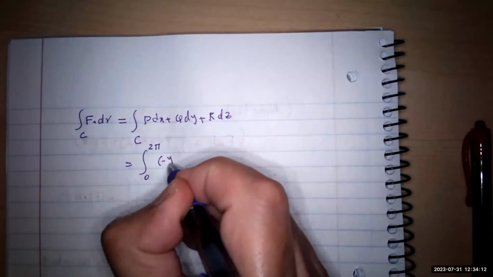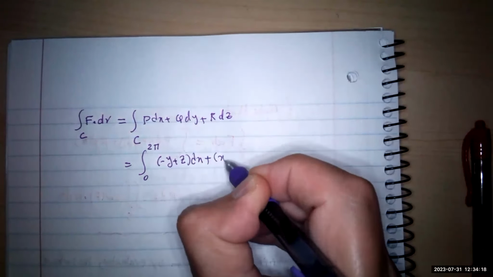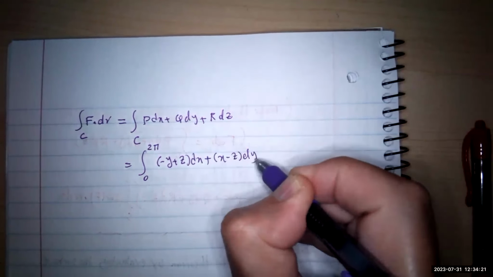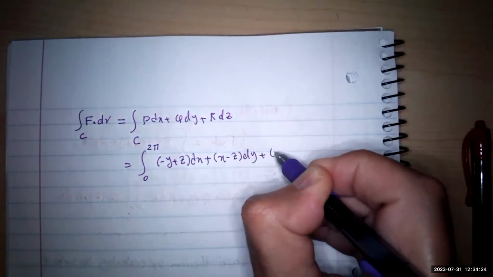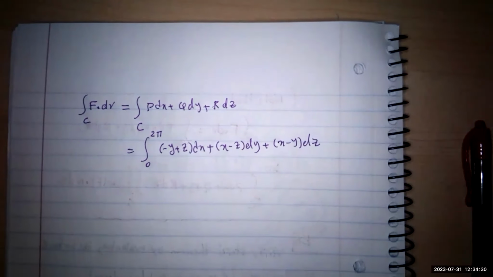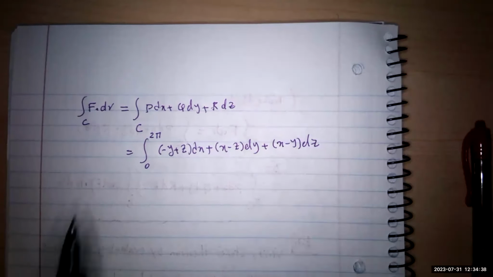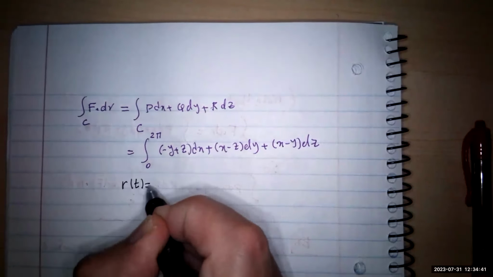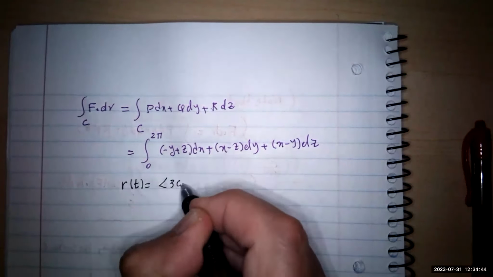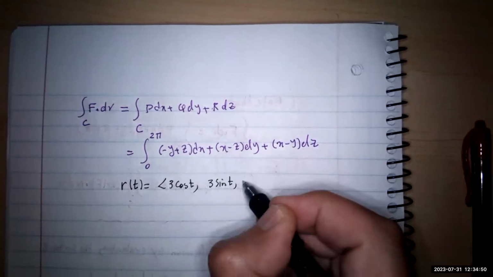P is negative y plus z, so that's dx, plus Q, which is x minus z, dy, and then for R we get x minus y, dz. That's P, Q, R from the function that we have. Now you have to substitute to get the result. Remember, r of t is 3 cosine t, 3 sine t, and since you need the third one, it's just 0.